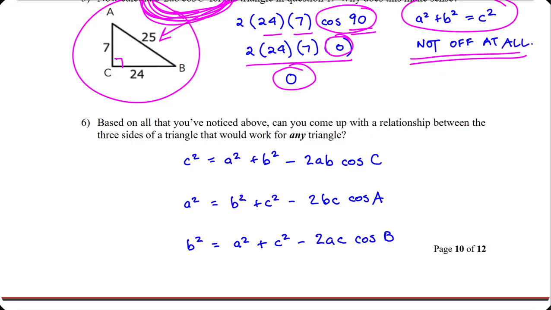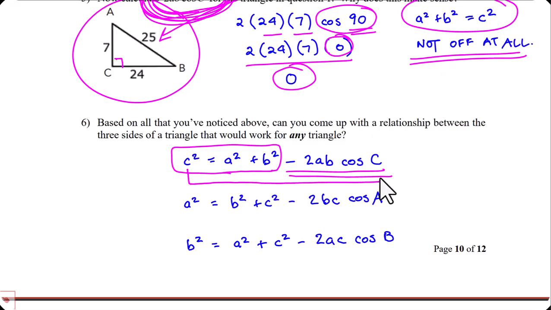So let's see. If we take our Pythagorean theorem and subtract the fudge factor, it should work. Now notice the relationships here. Here is side C and here is angle C. The other two sides are there and also here.